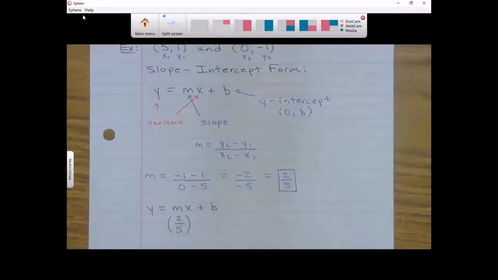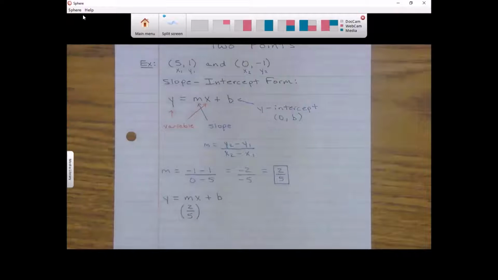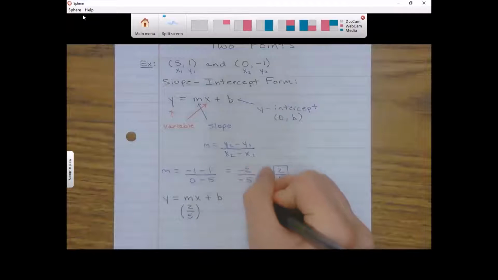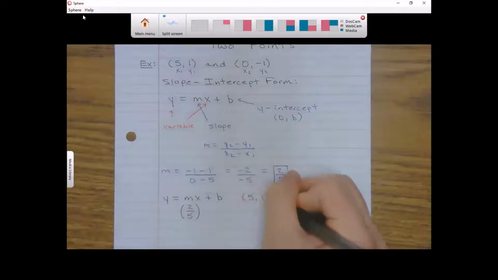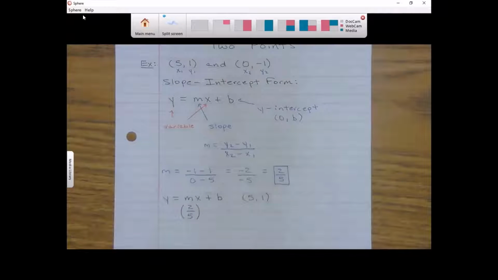And the x and y I can get from any point that they give me in the problem. Looking at the first point that they give me, I have 5, 1. Now I'm going to use this point to substitute into my formula.